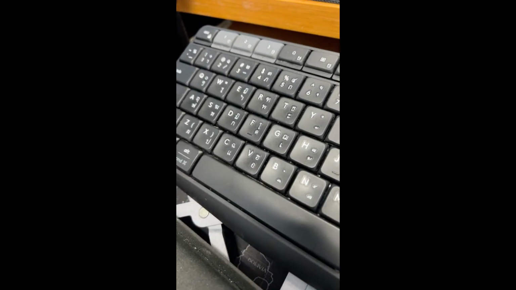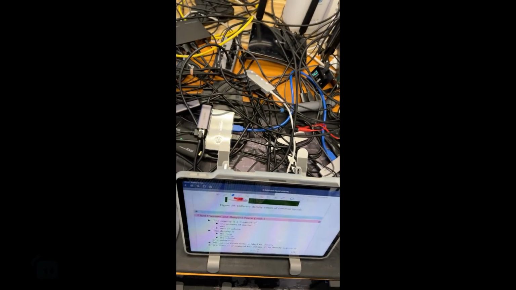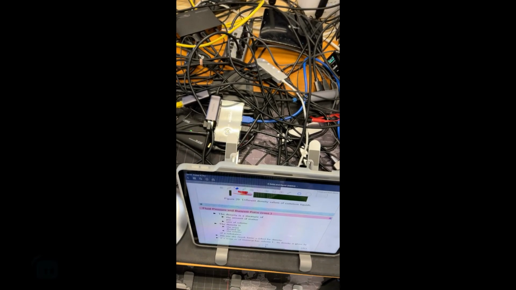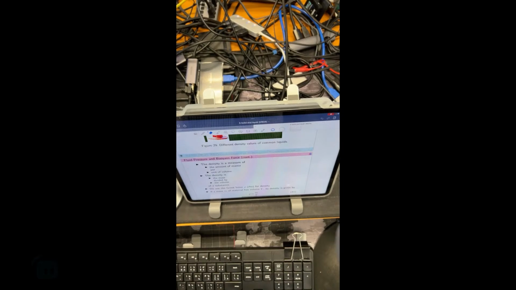Density is a measure of the amount of matter per unit volume. Simply speaking, the density is the mass divided by the volume.